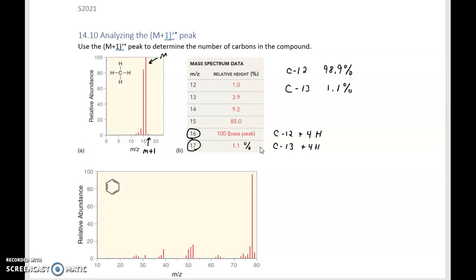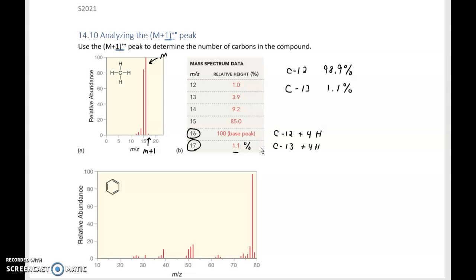So obviously methane only has one carbon, and 11.1% of all methane molecules are going to have this odd carbon.